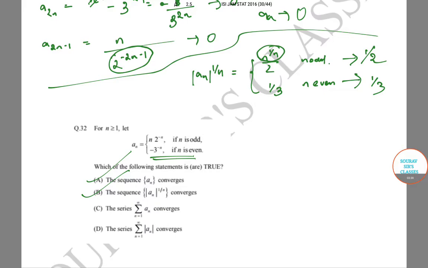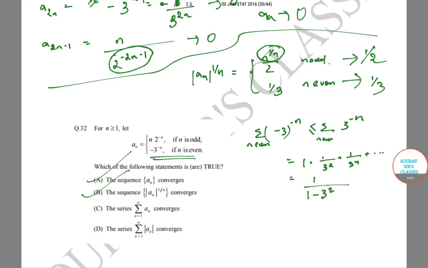The sum of even terms, the sum over n even of minus 3 to the power minus n, in absolute value is less than or equal to the sum over n even of 3 to the power minus n, which is equal to 1 plus 1 by 3 squared plus 1 by 3 to the 4, and so on, which is just equal to 1 by 1 minus 1 by 3 squared.